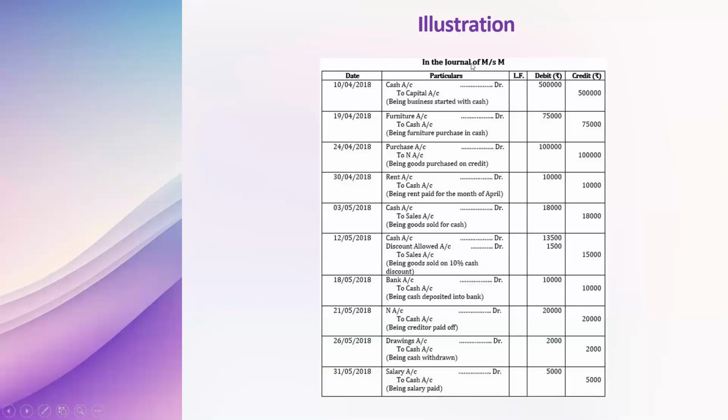Clear? And in the journal, instead of Messrs M, now that we have a name, you can write Mr. Gupta and Company, or Gupta and Company. Got it?